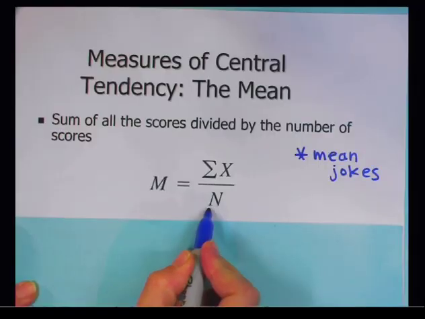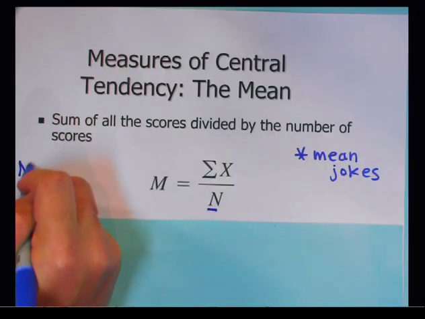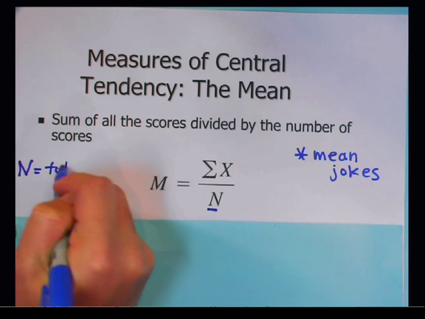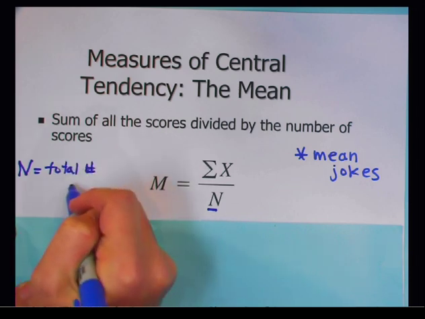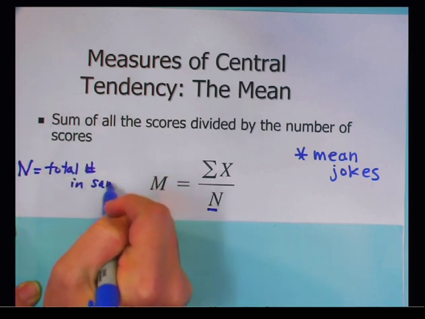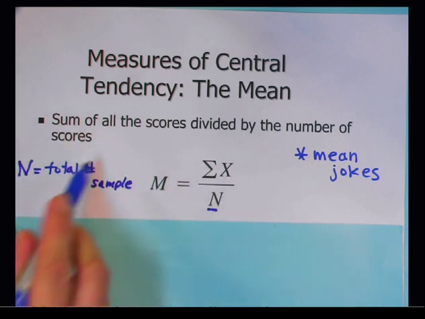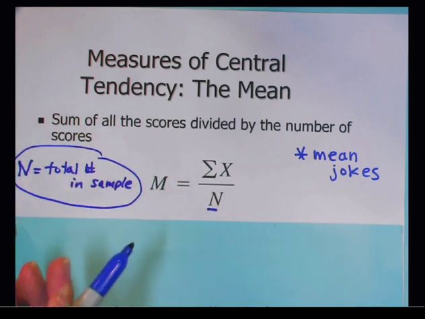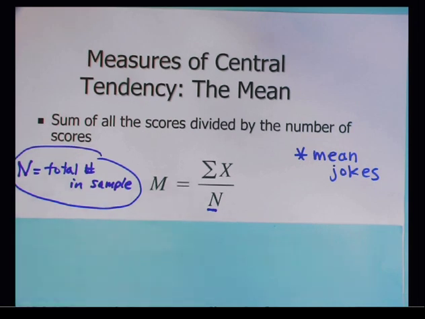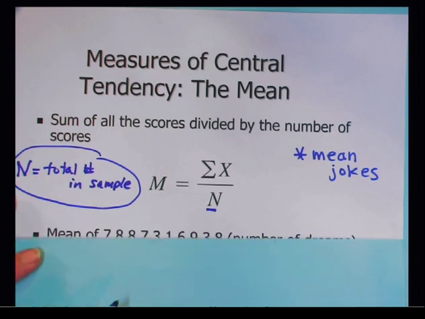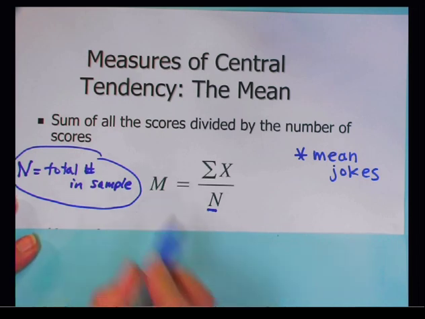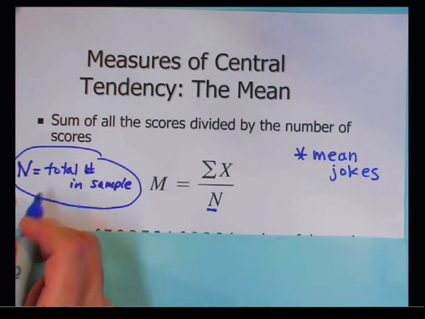N represents the total number in a sample. So it's the number of people you're analyzing, the number of scores you're analyzing. If you were working with plants, it'd be the number of plants you are analyzing, but that's the total number in your sample. Okay? And M is typically the mean, so that's easy enough to remember.